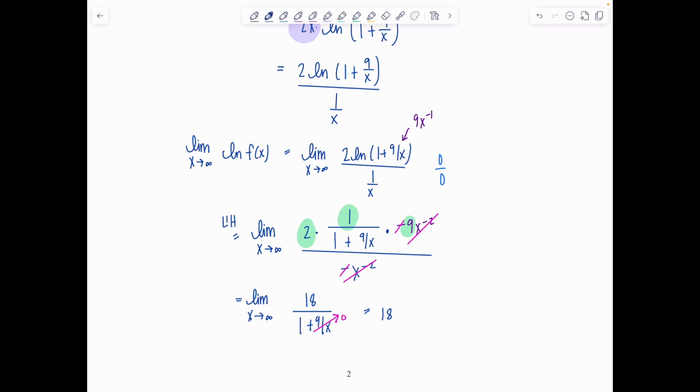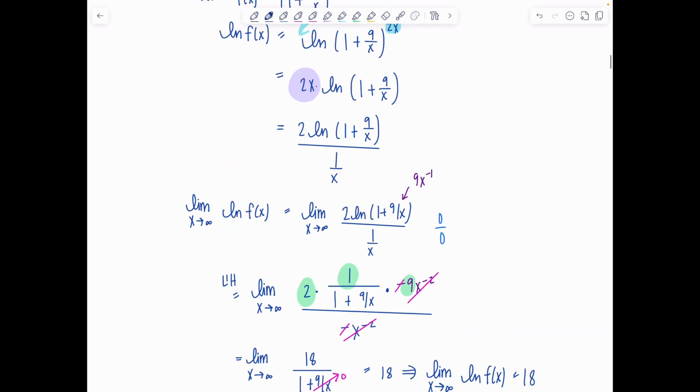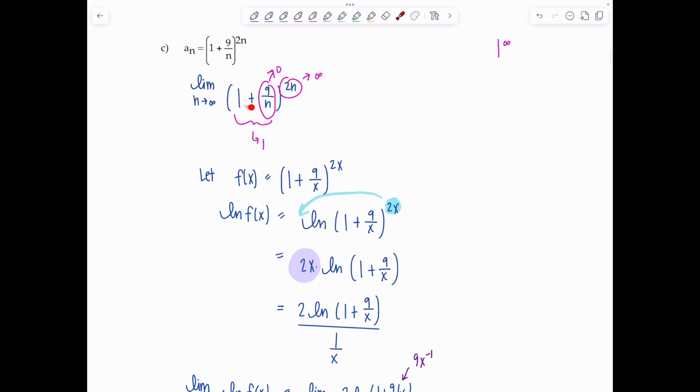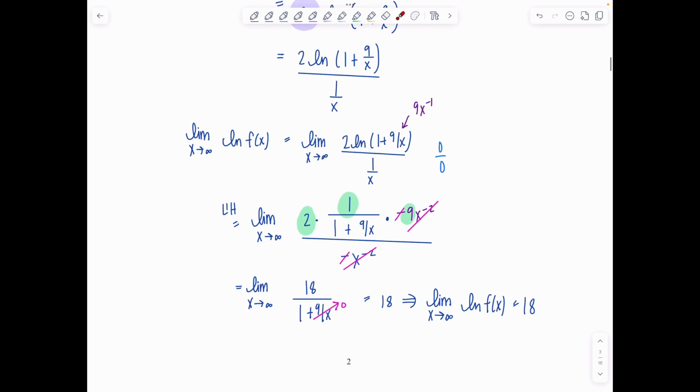Now don't get too excited. This is not our final answer because remember, we just took the limit of the natural log of f of x. So this tells me that the limit as x goes to infinity of the natural log of f of x is 18. How do I get rid of that extra natural log? Because remember, I'm really interested in the limit of this function, which matches our sequence that has no natural log.